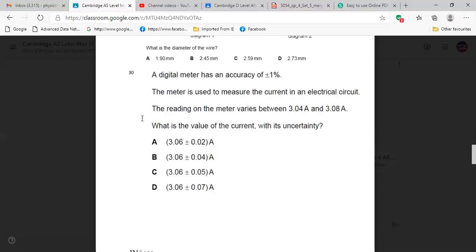If you multiply 3.04 with 0.01, what does it come to? Check.